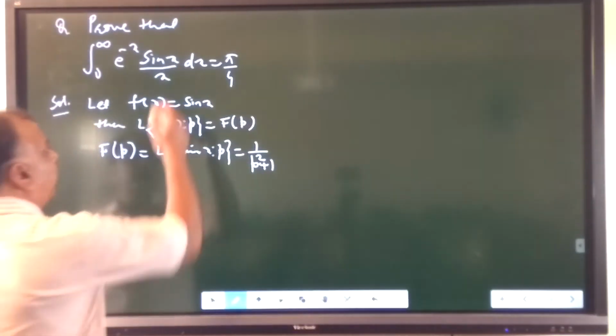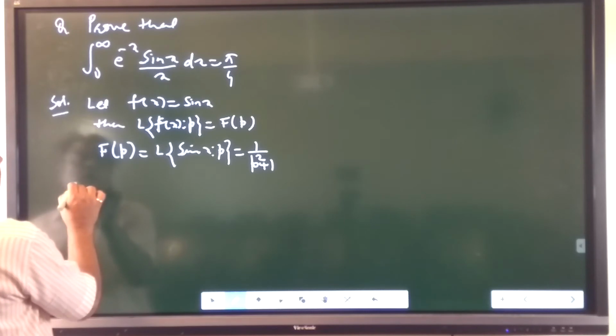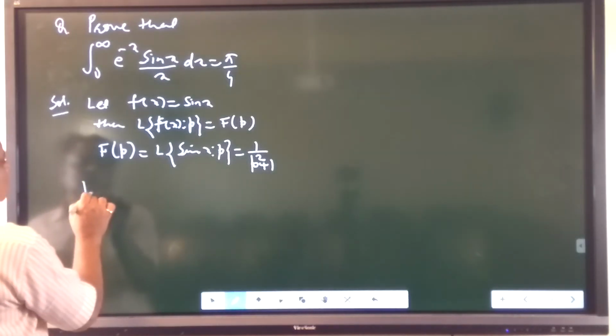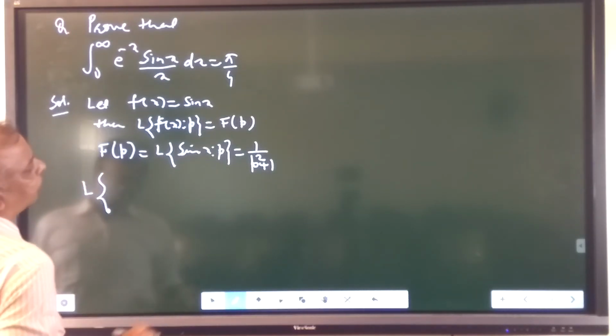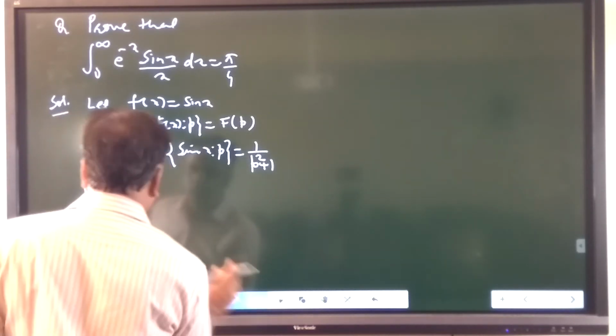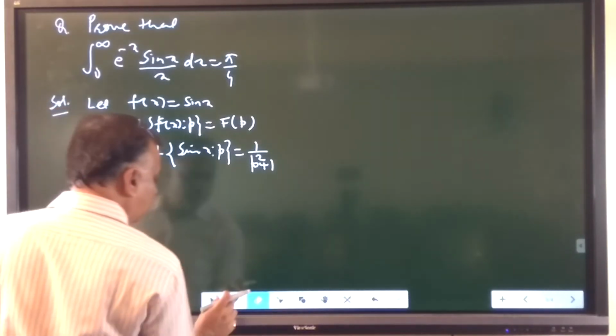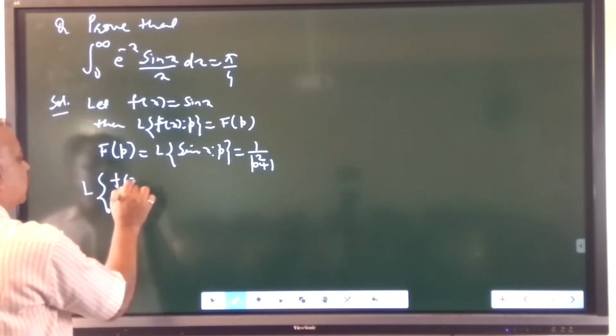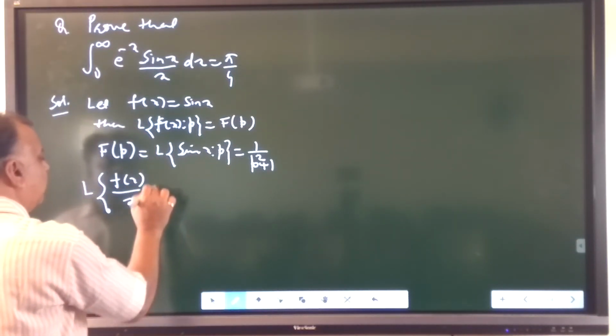So we will find the Laplace transformation of f of x upon x with respect to p.